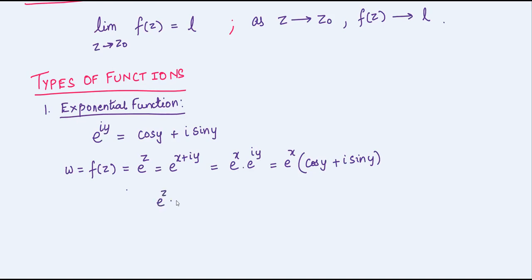Therefore, the exponential of z, e power z, becomes e power x cos y plus i times e power x sin y. So u is e power x cos y, and v is e power x sin y.